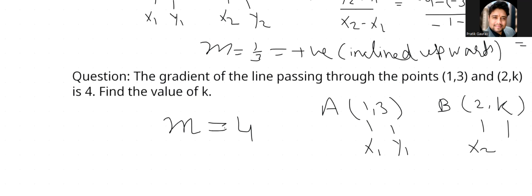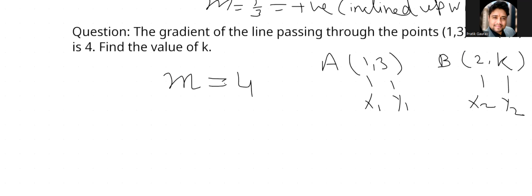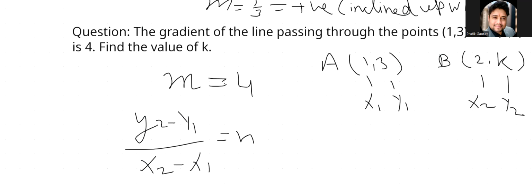Just simply put in the formula, nothing more is there. y2 minus y1 by x2 minus x1 is equal to slope. So now y2 minus y1 is k minus 3, and 2 minus 1, is equal to 4.